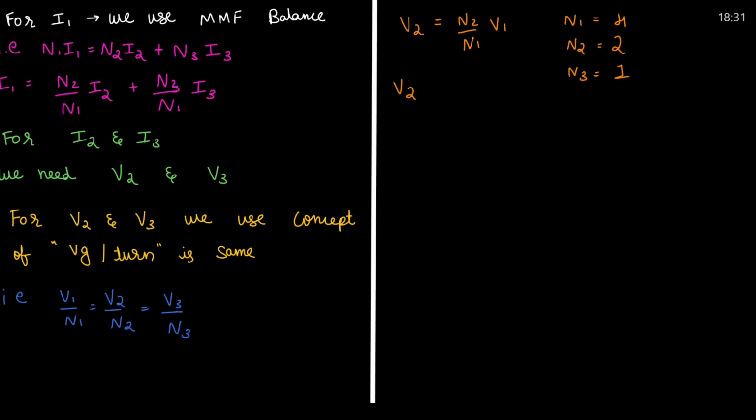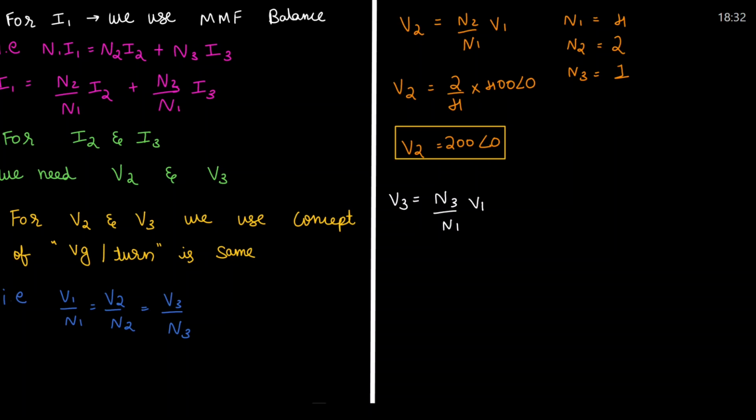On substituting, V2 equals 2 divided by 4 into 400, that is 200 angle 0. Similarly we can use the same concept for V3, which is N3 divided by N1 into V1, and we get 100 angle 0.